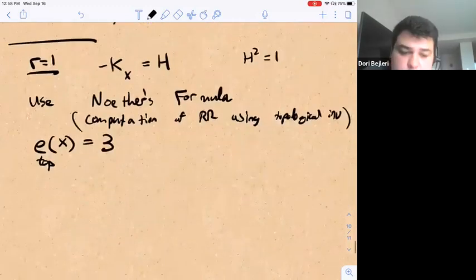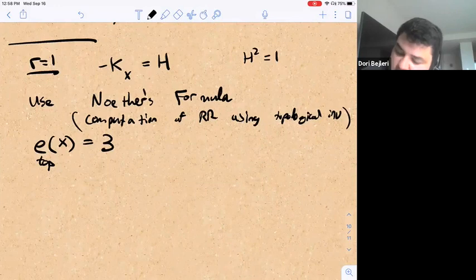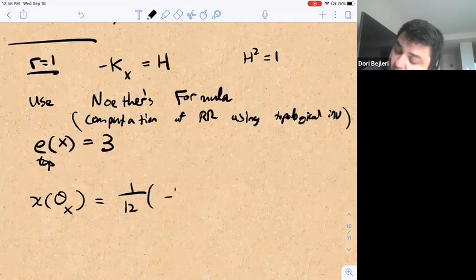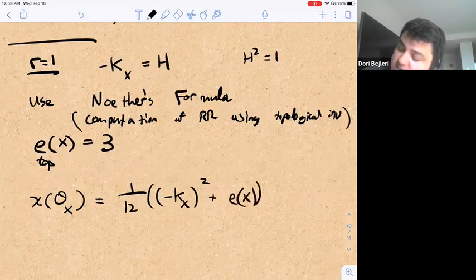And then basically you derive a contradiction when you plug into Noether's formula, because you'll get that the Euler characteristic of OX is on the one hand 1/12 times minus kx squared plus e of x from this Noether's formula.